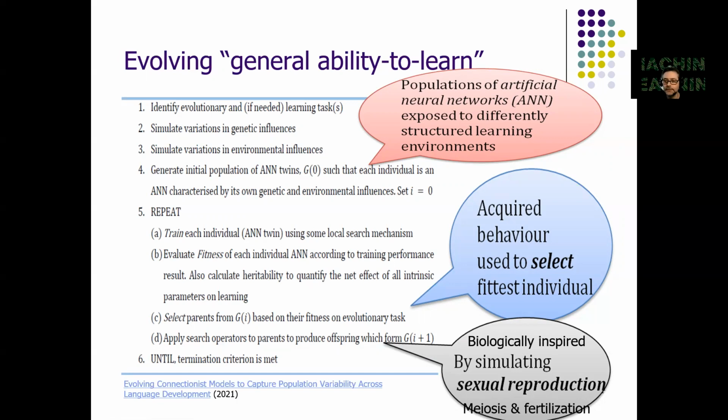And then once you do that for the different members of the population, you can apply fitness criteria, select parents, and apply crossover and mutation in order to evolve the members of the population and produce new architectures. This particular approach uses special crossover and mutation operators which are based on human biology, the meiosis and fertilization processes. So it has copied the specific kind of approach used in human genes.